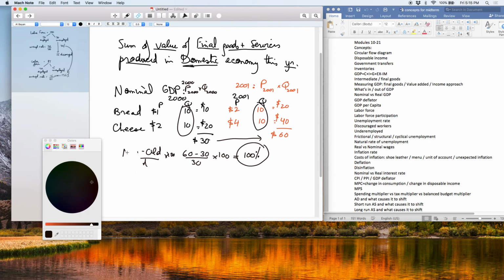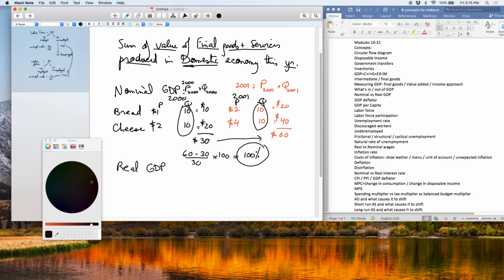So that's where real GDP comes in. Real GDP says, I need the prices in order to assign a value to the quantity. But the problem is that when the prices are changing, it's also driving a change in the GDP, and I want to control that. So what I can do is choose a base year.